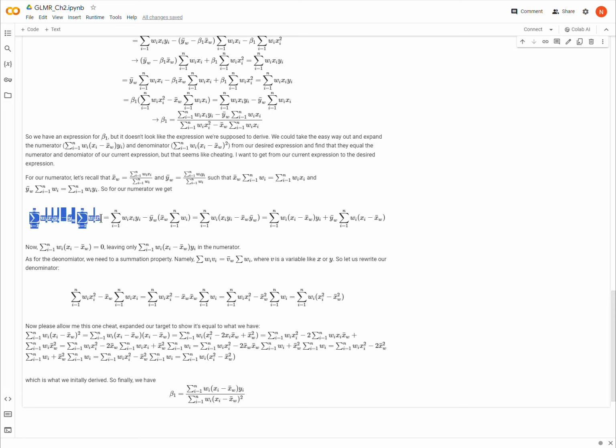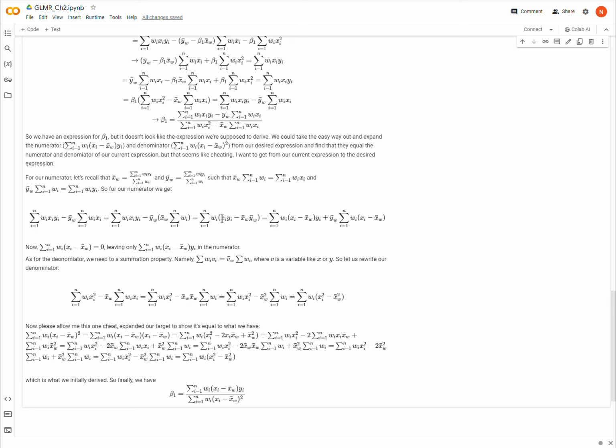So this is the numerator that we derived already. So I have all of that. And now I'm just going to rewrite this term right here according to what we were just showing. So now I have y bar times x bar times the sum of w, the weights of w. I notice that I have a sum of w in both of these terms, so I can collect the terms here.